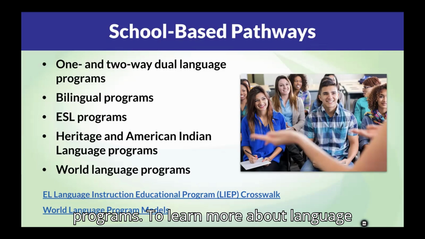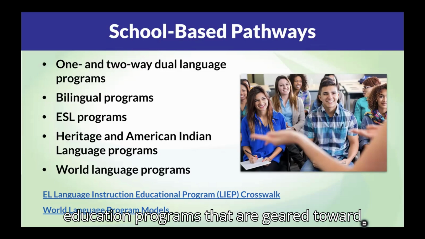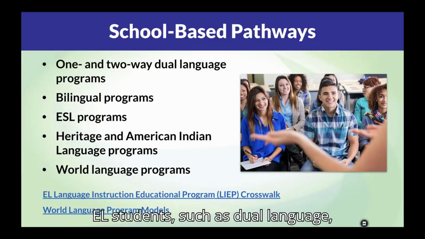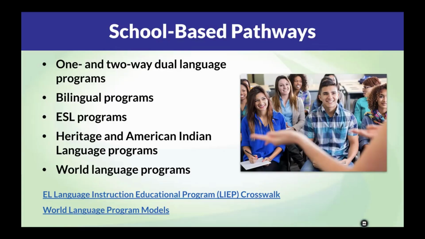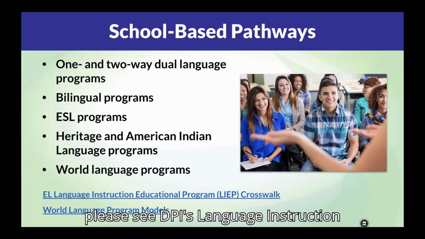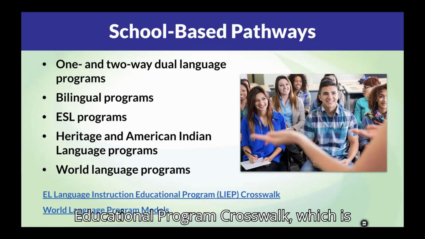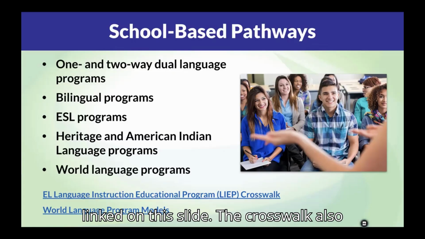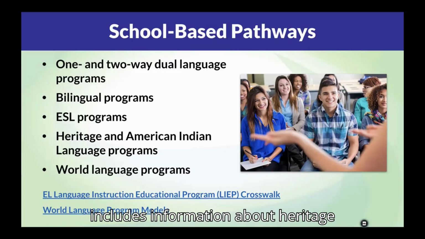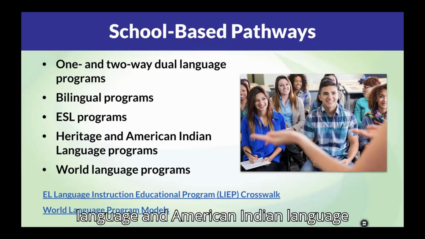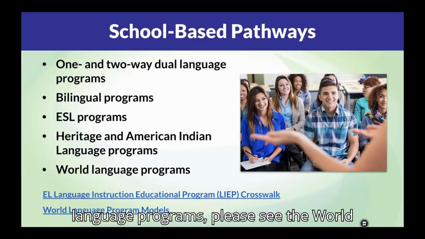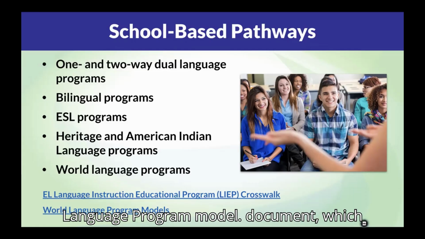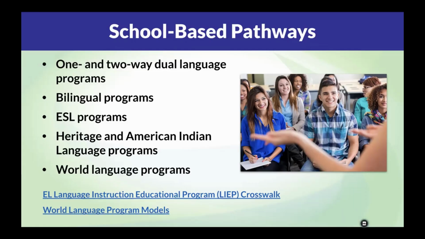To learn more about language education programs geared toward EL students, such as dual language, bilingual, and ESL education programs, please see DPI's Language Instruction Educational Program Crosswalk, which is linked on this slide. The crosswalk also includes information about heritage language and American Indian language programs. To learn more about world language programs, please see the World Language Program Models document, which is linked on this slide.